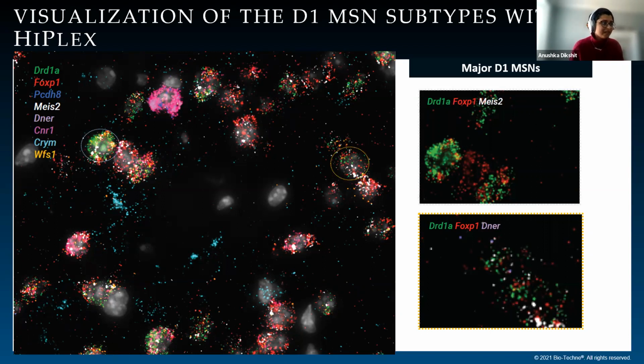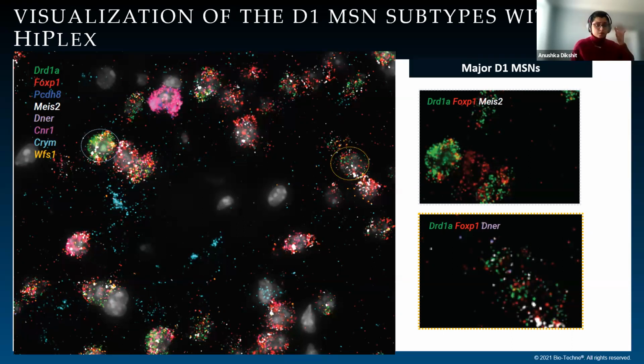So this really allowed us to visualize subpopulations of the medium spiny neurons and then identify the subpopulations that were already discovered in the paper, but visualize them with the spatial context using the HiPlex assay.